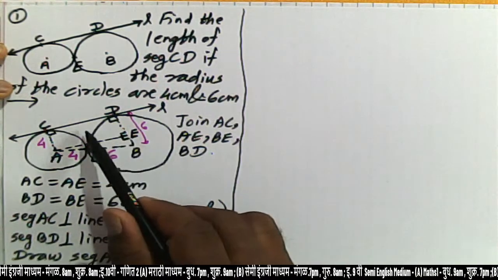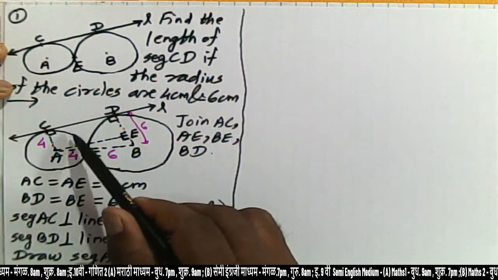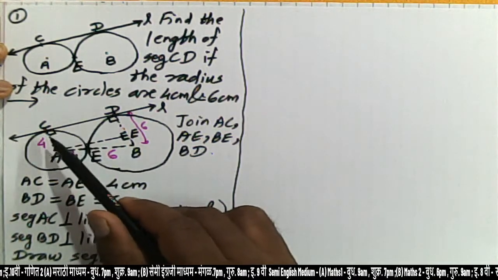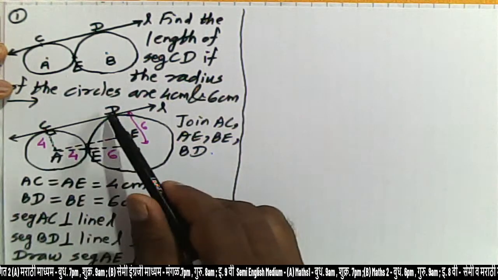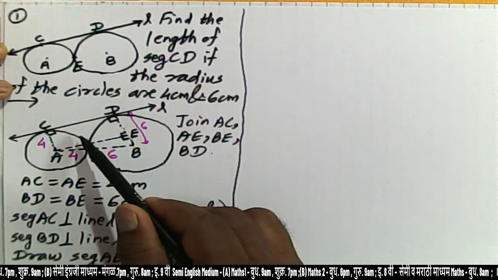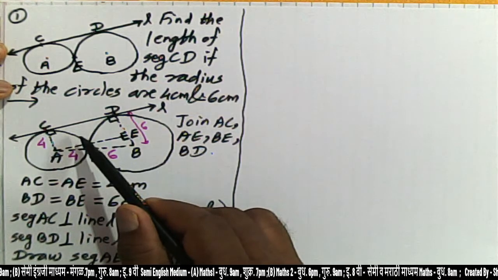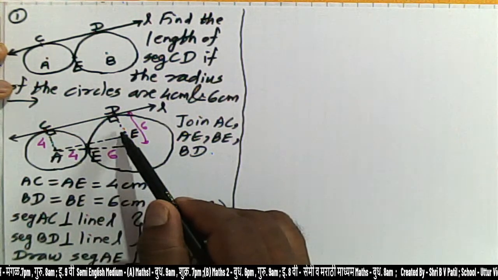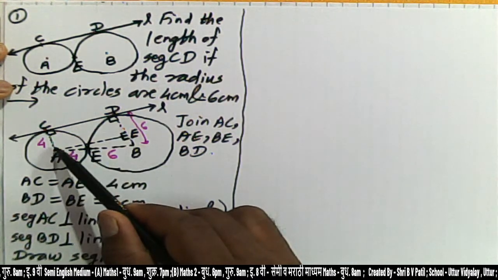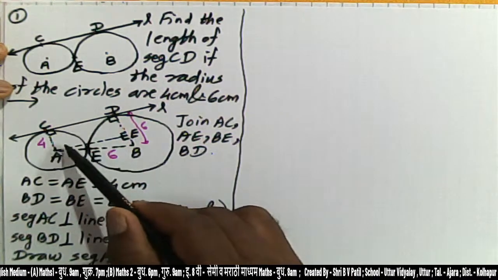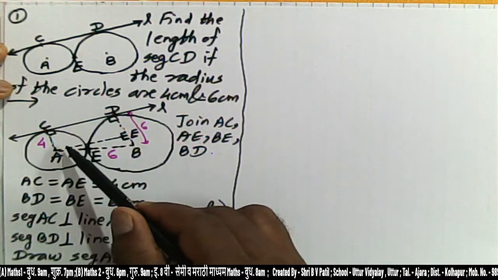For that purpose, we consider this quadrilateral. This quadrilateral CAED is which type of quadrilateral? Here three angles are 90, the fourth also 90, because the sum of measures of all angles of a quadrilateral is 360.